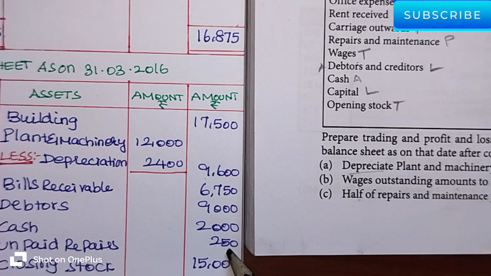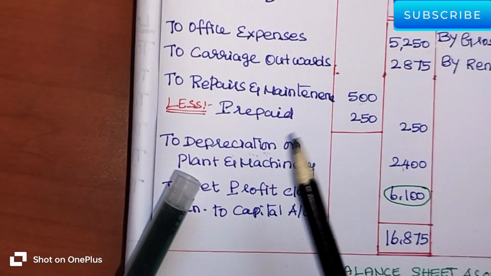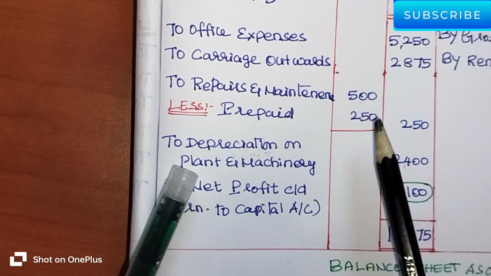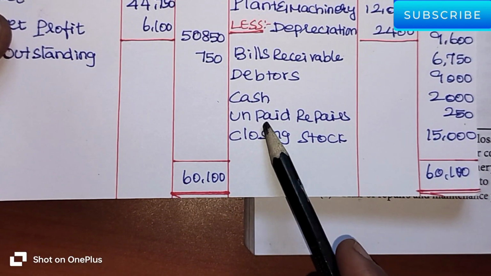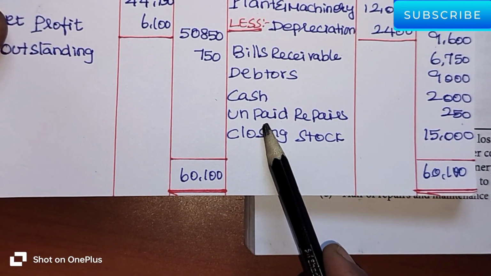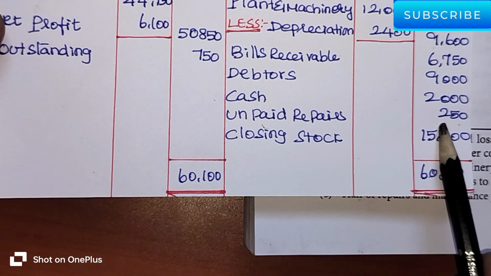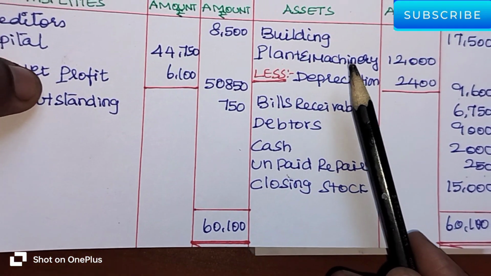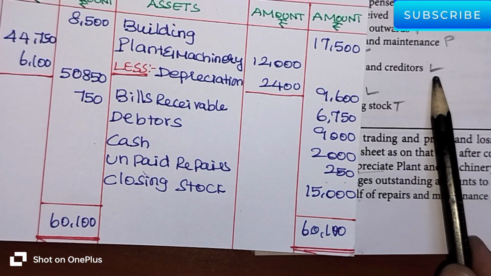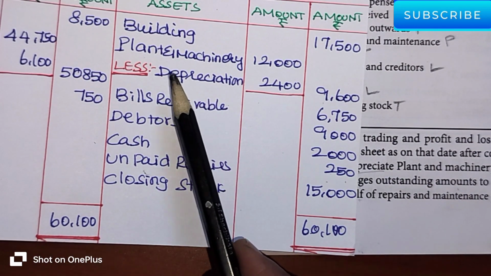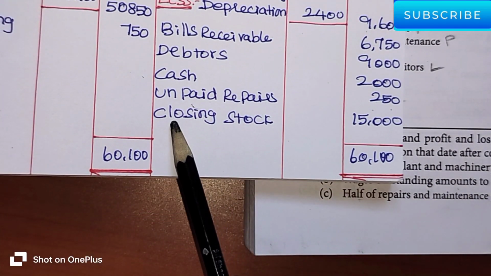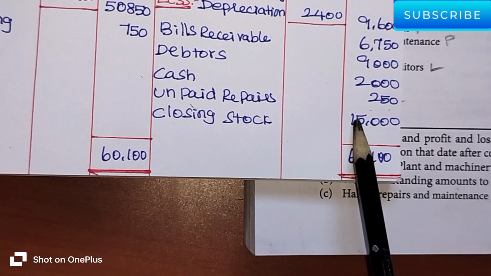One we already subtracted from repairs and maintenance, and the other place is the asset side of the balance sheet. 250 rupees we entered. So on the asset side, all the respective accounts we entered. Finally we have to enter closing stock 15,000 on the asset side.